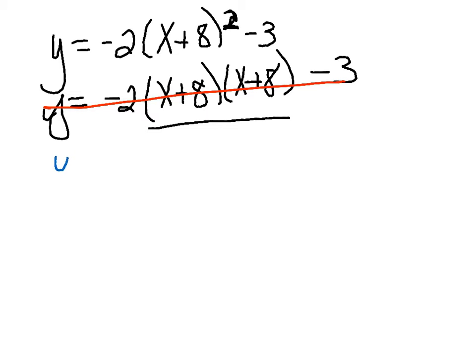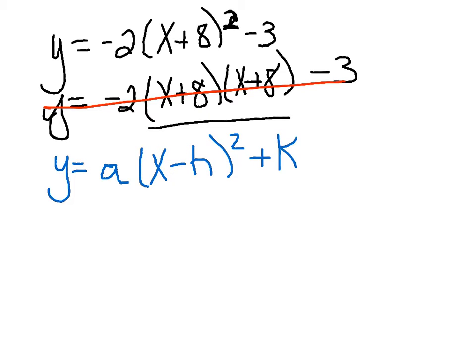And then what's the easier way? Well, it's to know what my H and K form is. If I have the equation in this form, then I can just pull off the vertex, and it's HK.